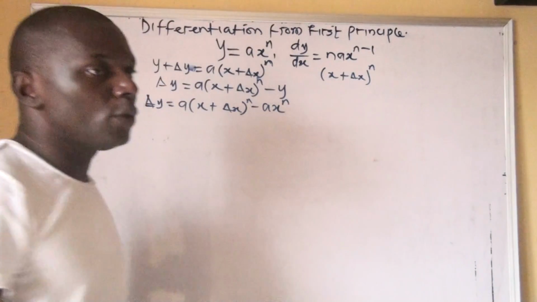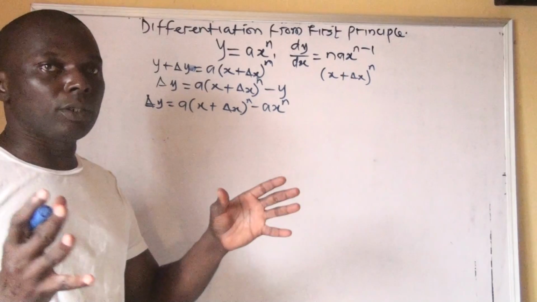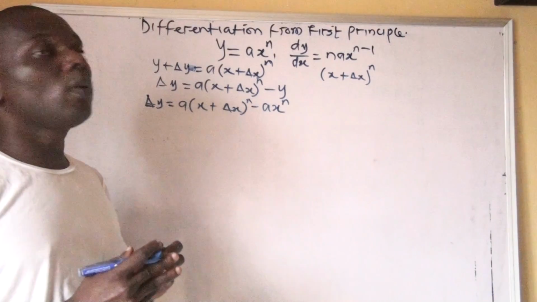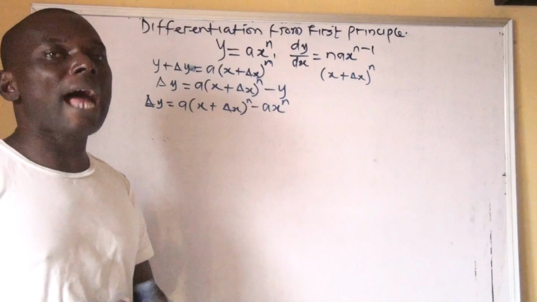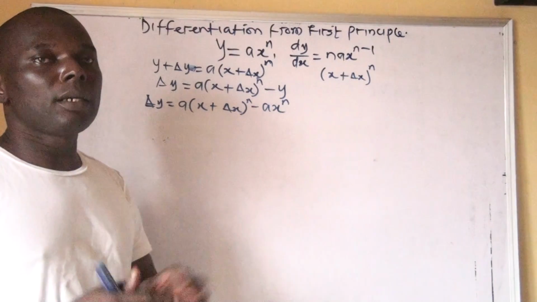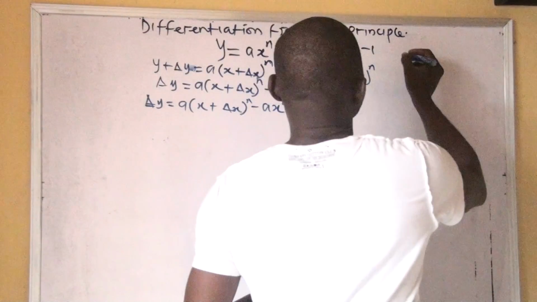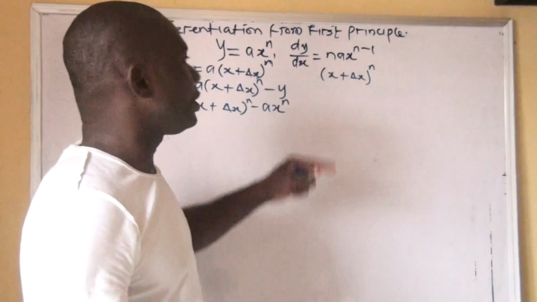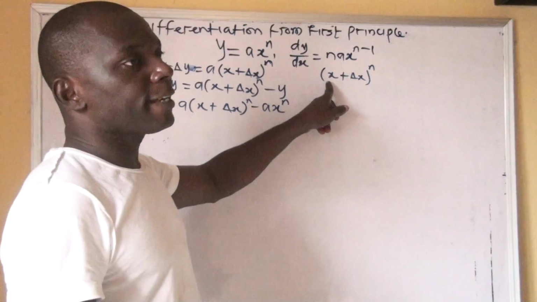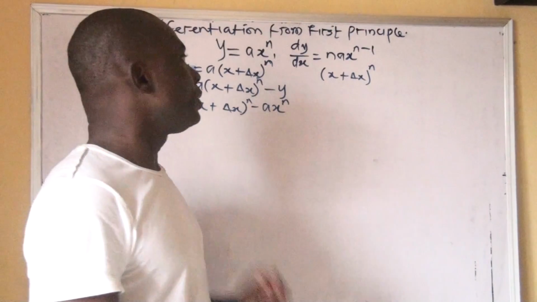Now here we're going to use the binomial expansion, but we also have to adopt the combination rules. If we are to expand this, there are coefficients of x and delta x that must be noted.